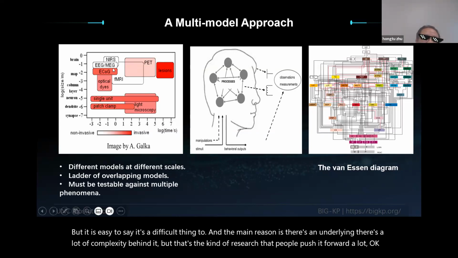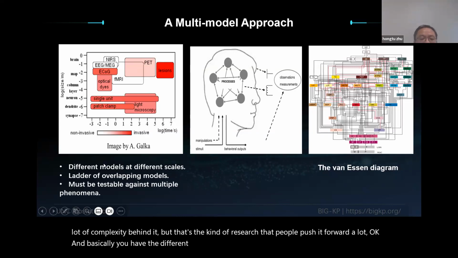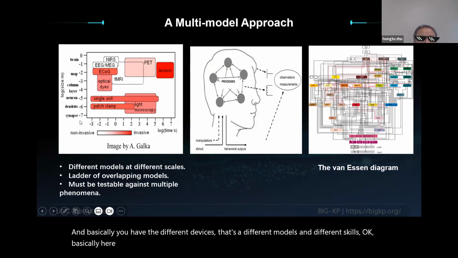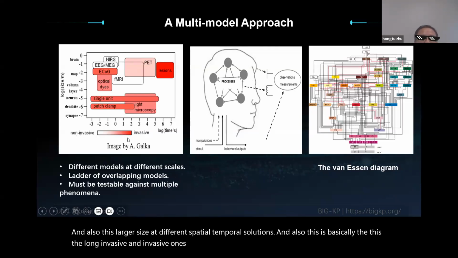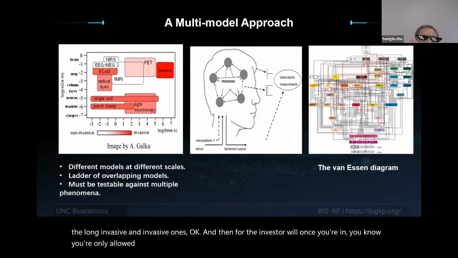Basically you have the different devices, the different models and the different scales, okay? Here on the left panels, you'll see log time by second, and also log size, the different spatial temporal resolutions. And also the non-invasive and the invasive ones, okay? For invasive ones, usually you only acquire the data in patients.